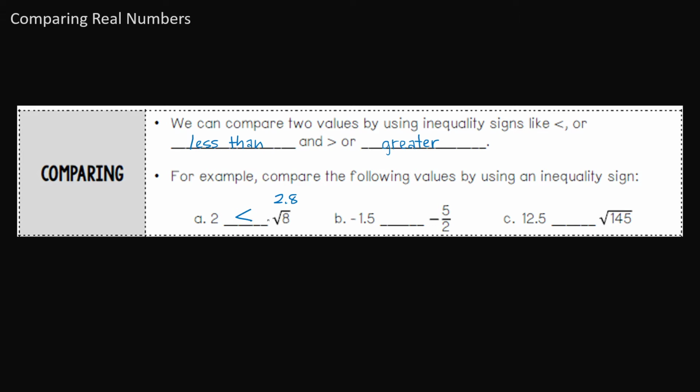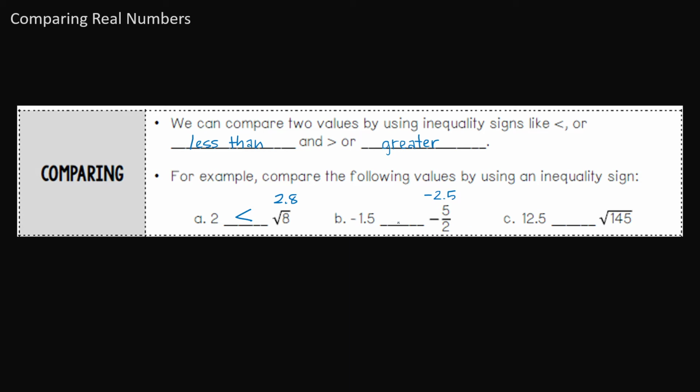The arrow in the inequality symbol is always going to point towards the smaller number, and it's going to open up towards the bigger number. So we can say 2 is less than the square root of 8. Moving on to B, negative 1.5 compared to negative 5 over 2. If I convert negative 5 over 2 to a decimal, dividing 5 by 2, I get negative 2.5.